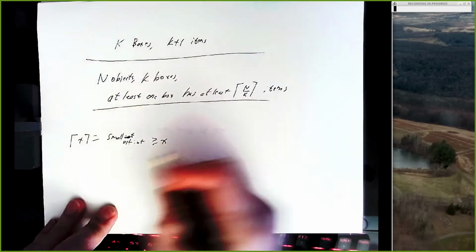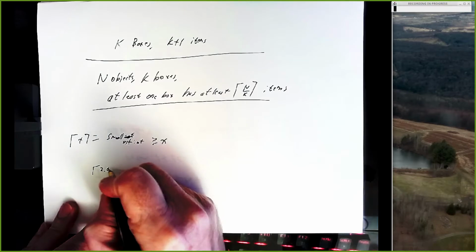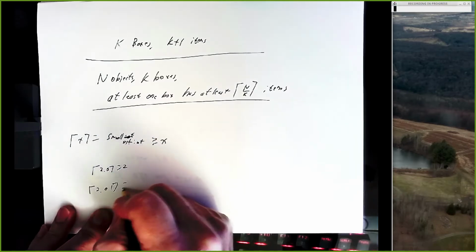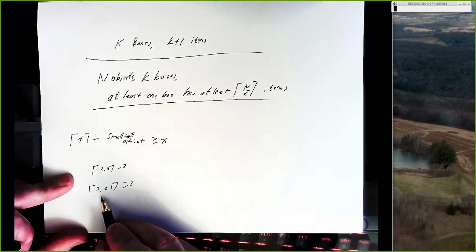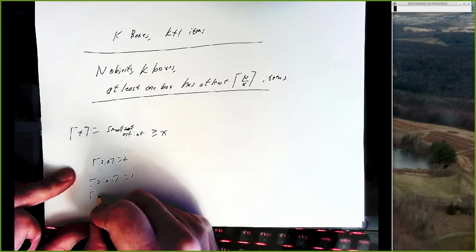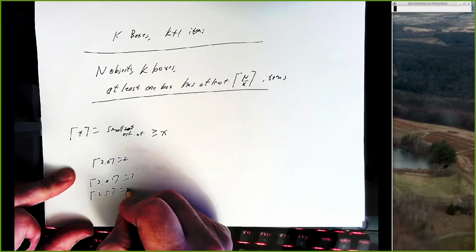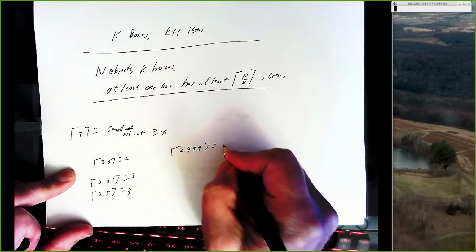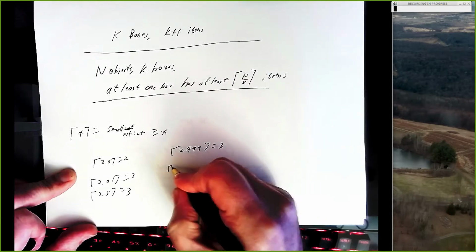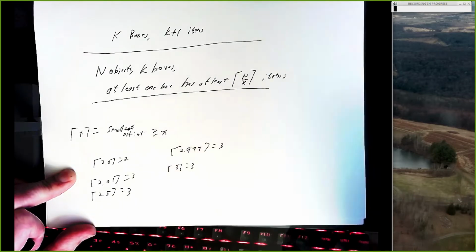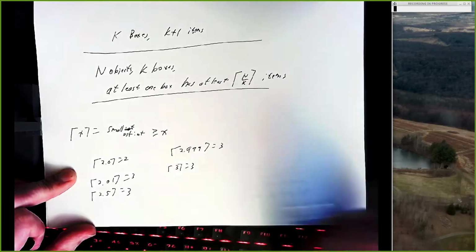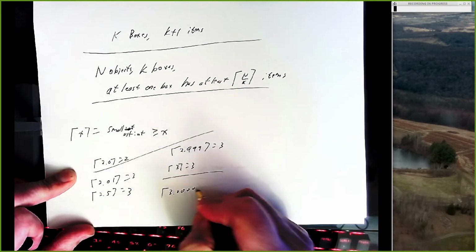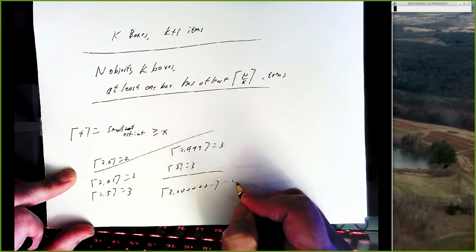For example, the ceiling of 2 is 2. The ceiling of 2.01 is 3. That's the smallest integer bigger than or equal to 2.01. The ceiling of 2.5 is 3. The ceiling of 2.999 is still 3. And the ceiling of 3 is 3. But the ceiling of something just a little bit bigger than 3 is going to be 4.